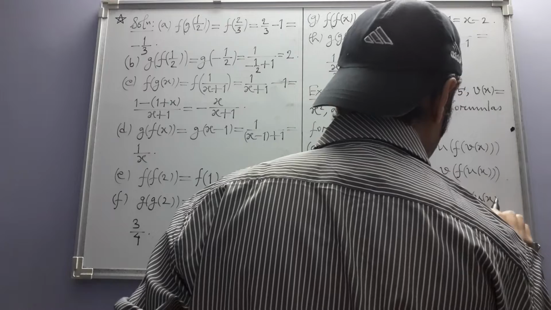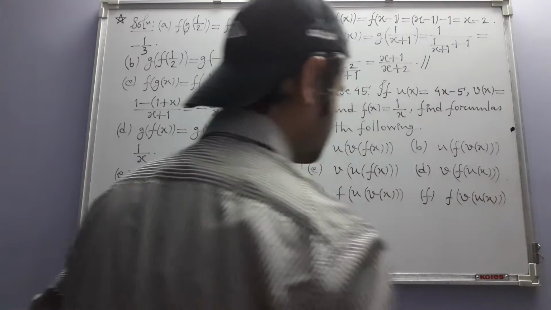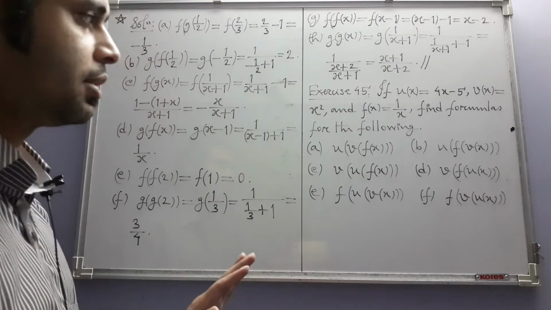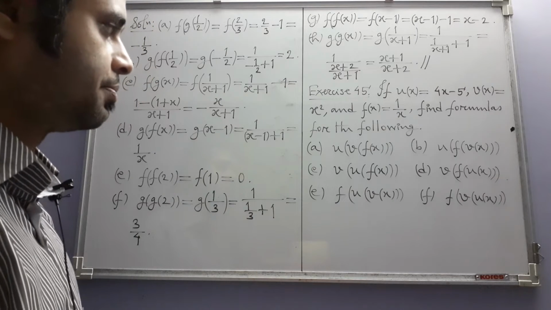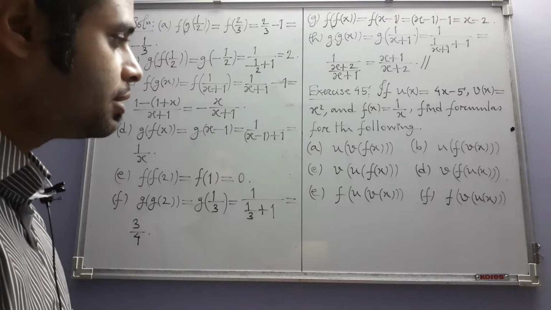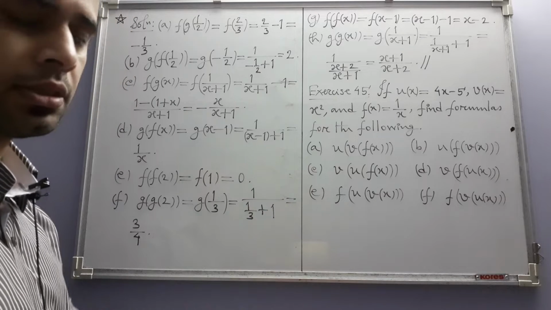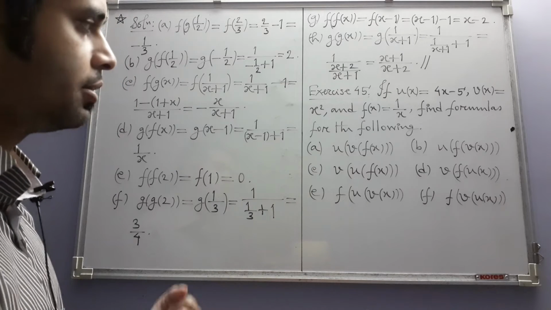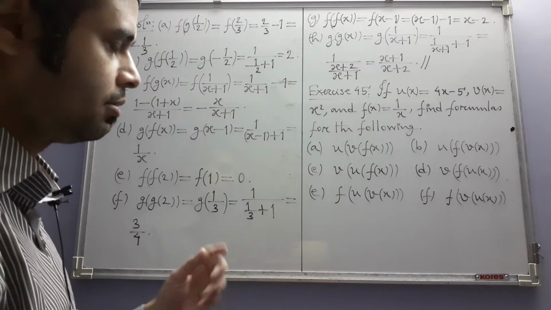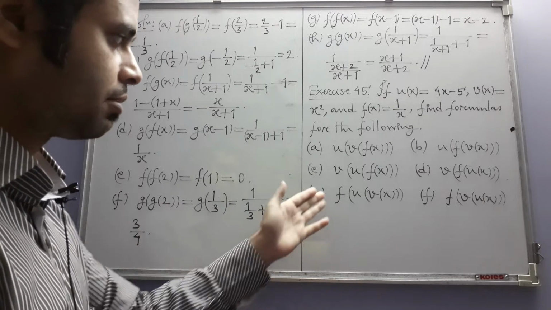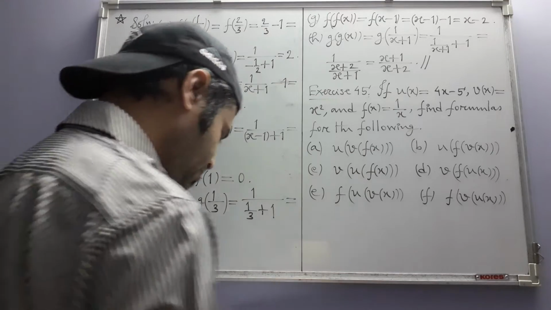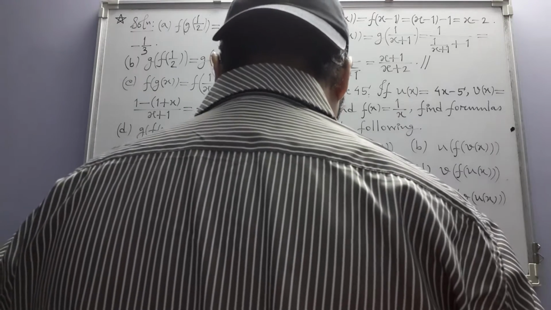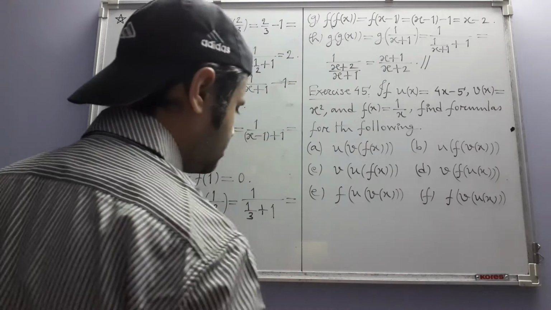So that means there are three functions and three of them are involved in each one of these compositions. So there are 6 possible compositions like that, because 3 factorial is 6. These are all the number of ways you can permute u, v and f. Okay, so let us calculate.